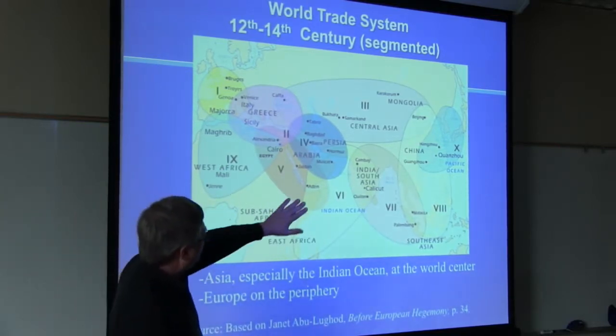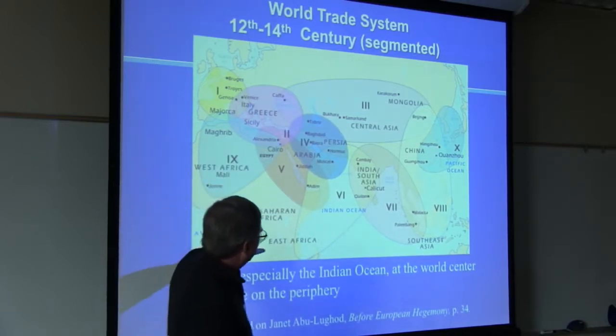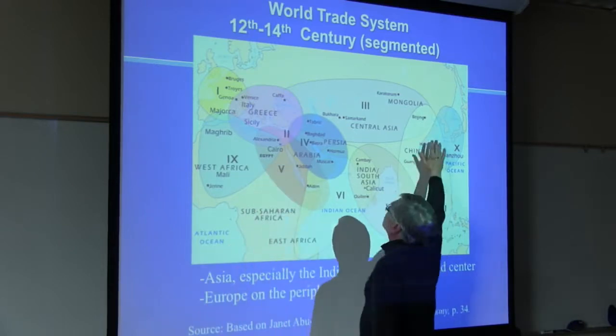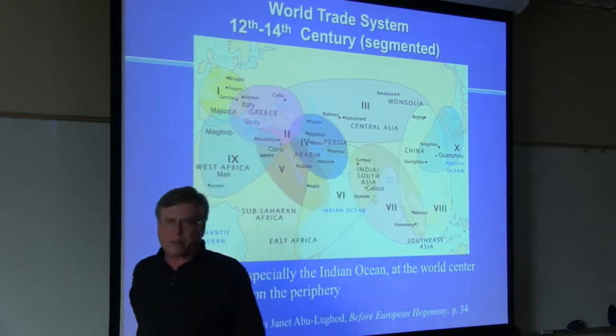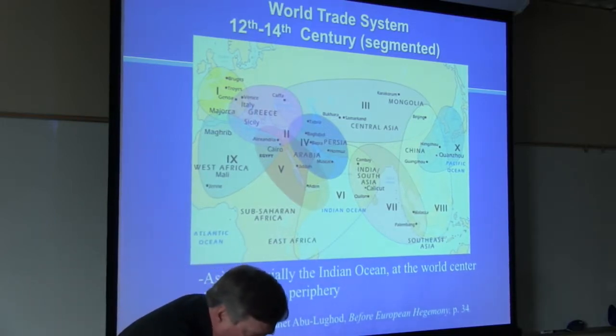And what makes most of this 13th century world system work is not simply that there are all of these, but the fact of the Mongol conquest and the Mongol Empire in the 13th century.